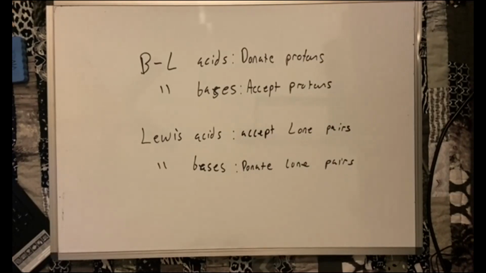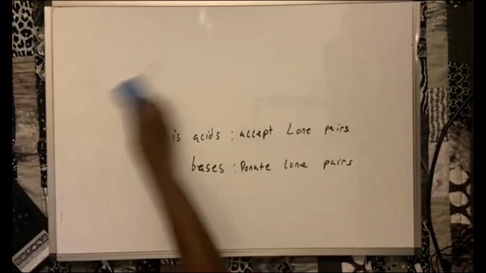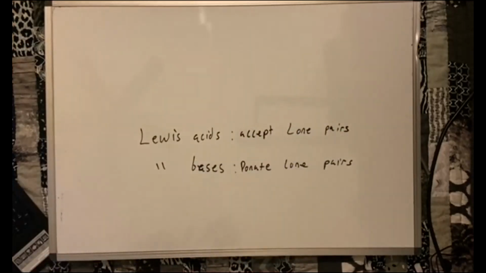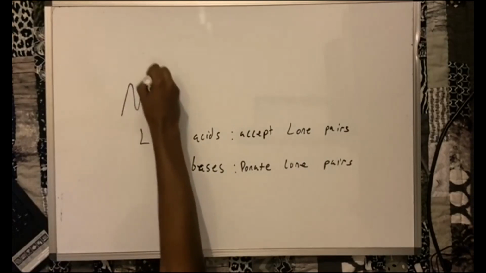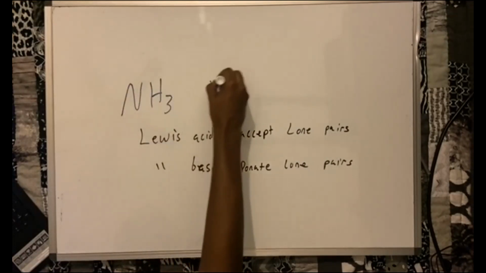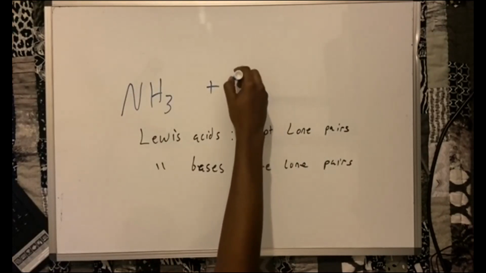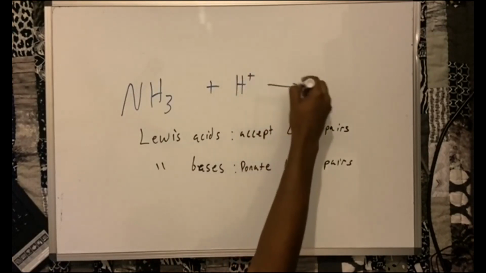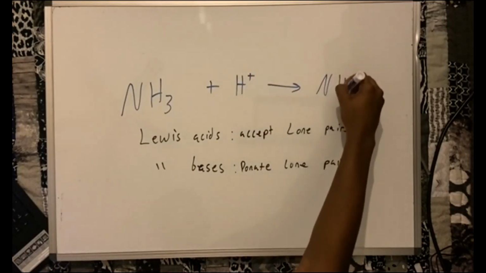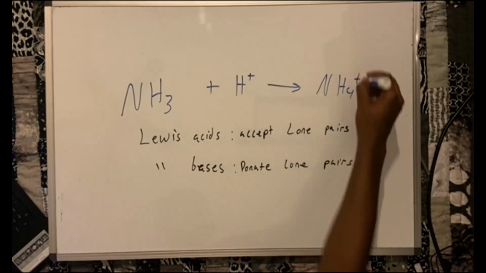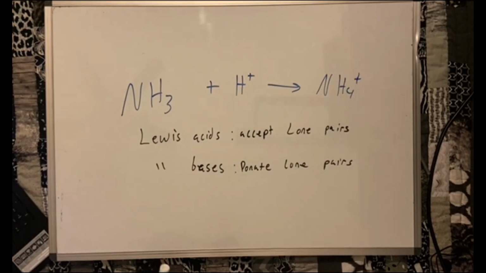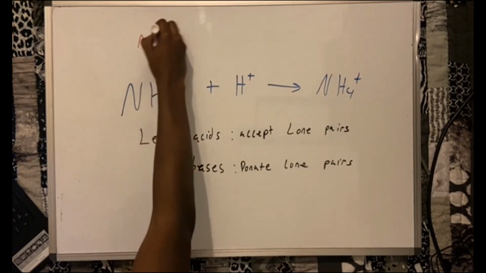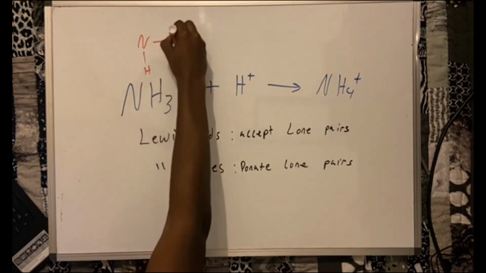Okay, I'm gonna erase the Bronsted-Lowry definition because we know that. So one thing we can look at, we'll keep it simple, is H plus goes to NH4 plus. If I draw out my NH3, you guys remember from your Lewis structures maybe, it looks like this.